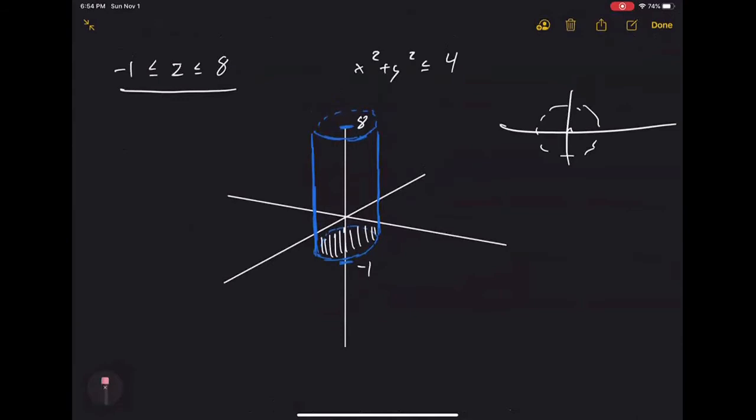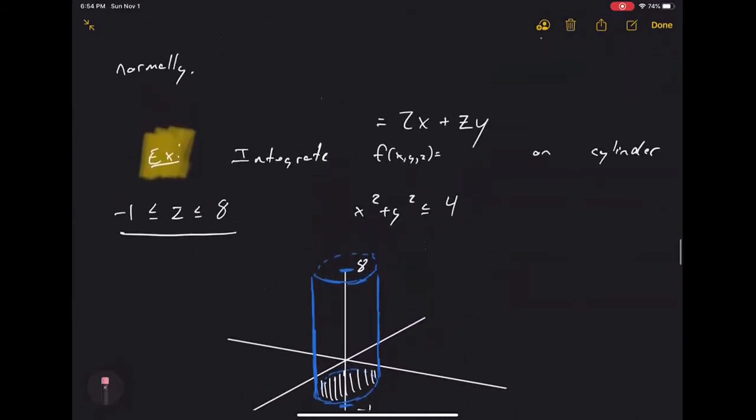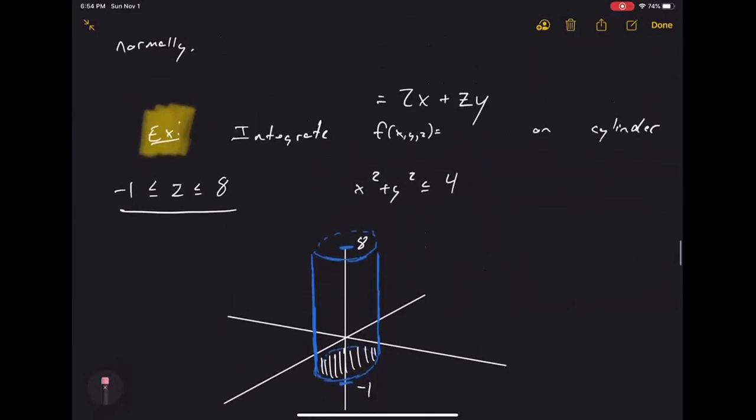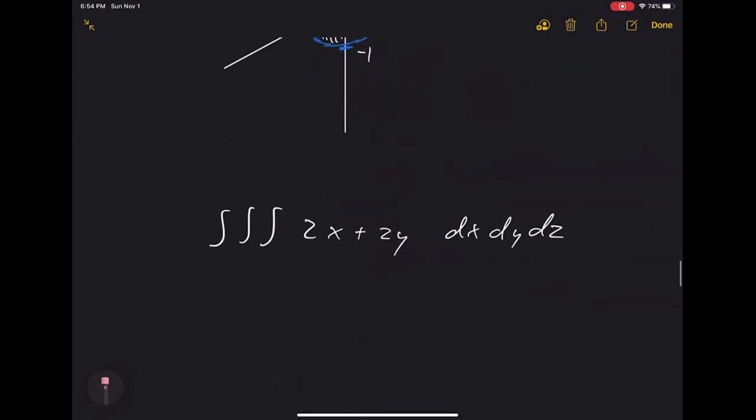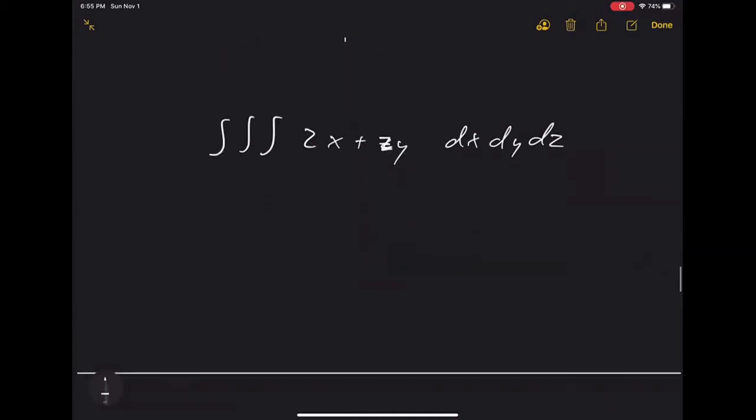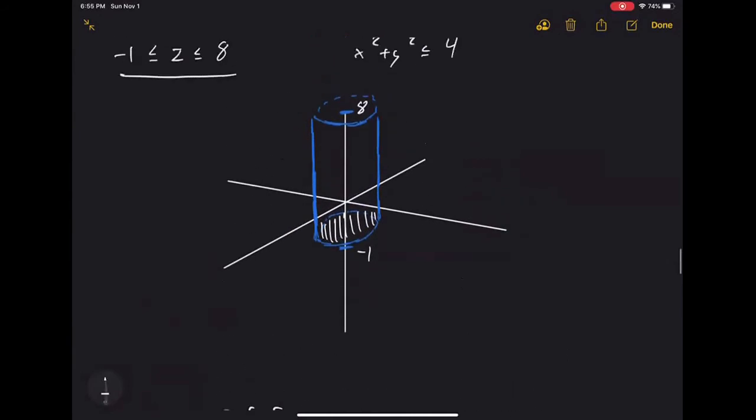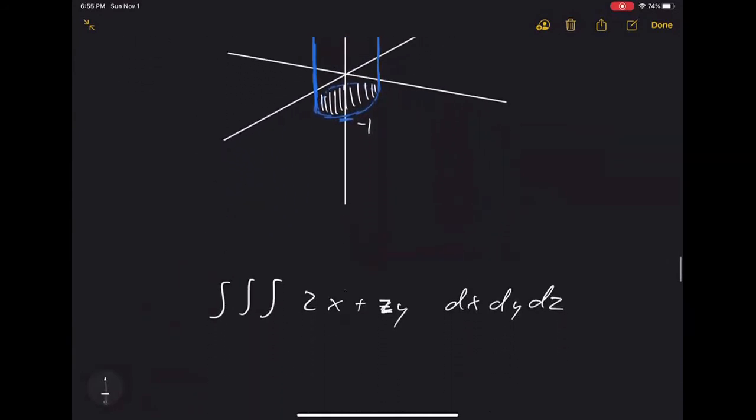So to integrate this function on this region, I'm just going to convert my function and my bounds into cylindrical coordinates. This is my Cartesian integral, and I'm going to convert it to cylindrical coordinates. How are we making these conversions?